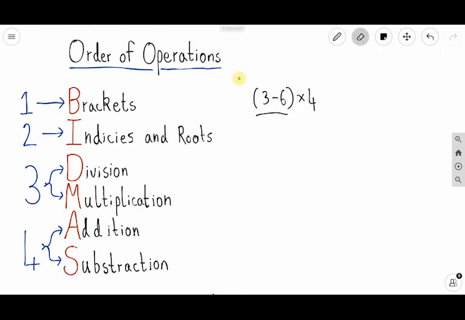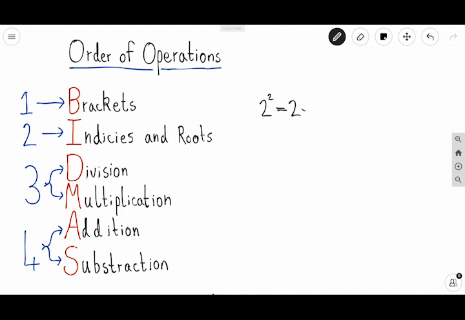Indices and roots. That's the second level, so the second most important. Indices are basically any number that has a little number on the top. The little number can be 2, 3, 4, 5. For 2 squared, that's just 2 times 2.